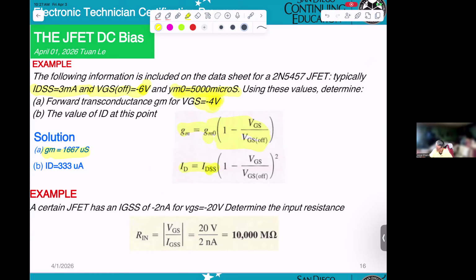Another example: try to calculate the input resistance.